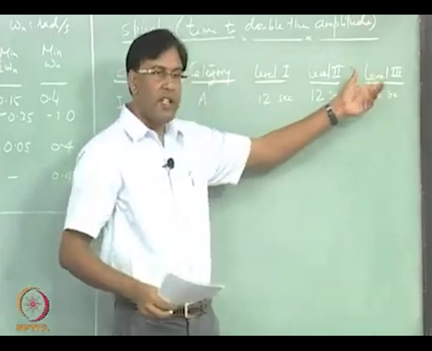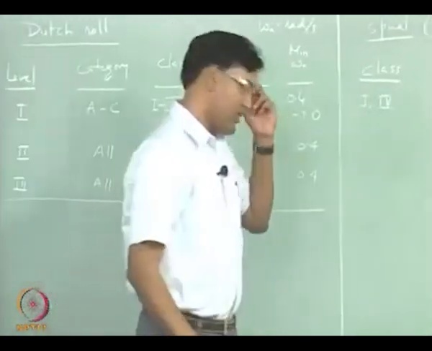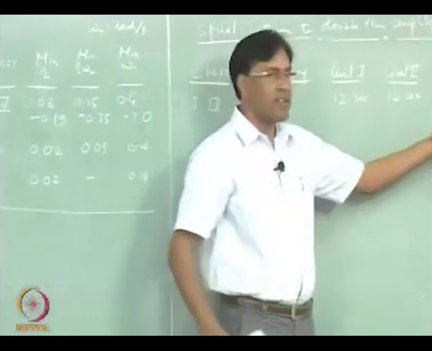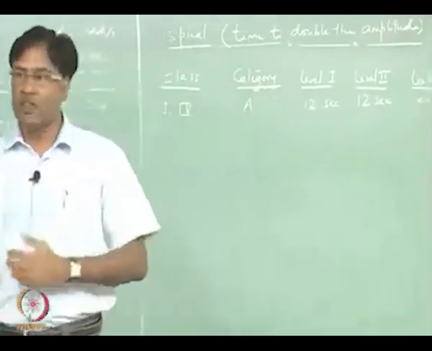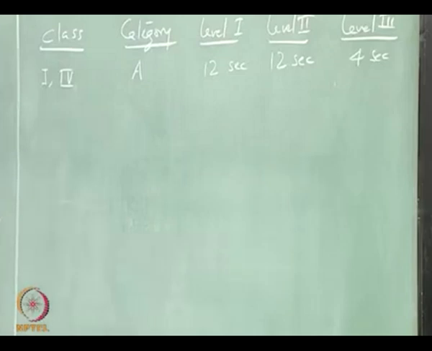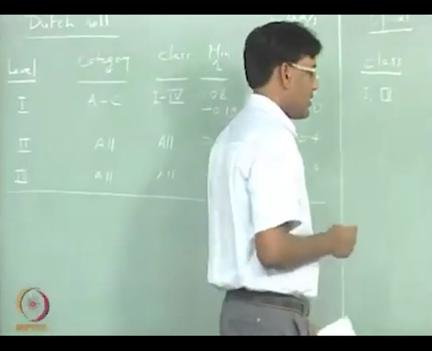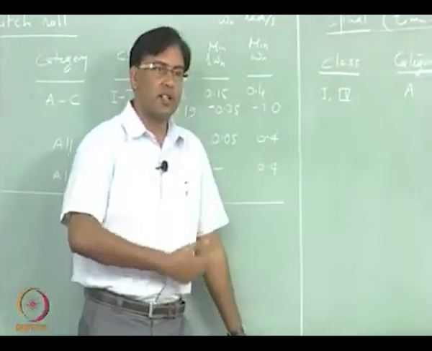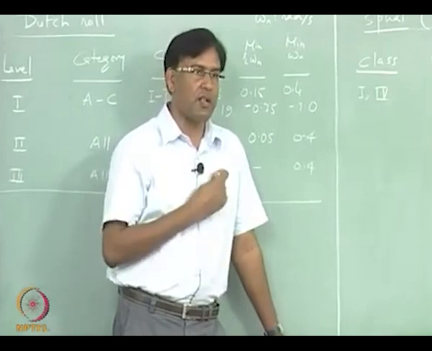So, if you want to increase the pilot workload, let us say pilot can afford to increase the workload, then this number is only 4 seconds, right. And you can actually take care of that aircraft with increased pilot workload. So, in only 4 seconds the perturbation grows by double, right.